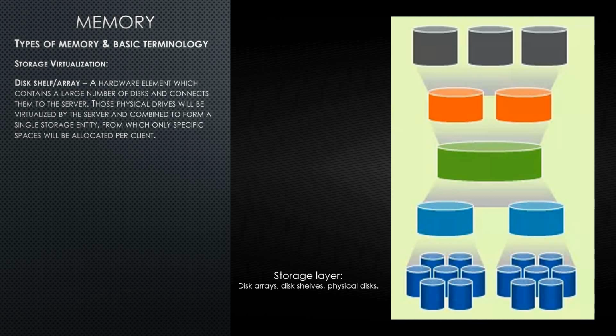So we have a disk shelf or an array, which is a hardware element which contains a large number of disks and connects them to the server. Those physical drives will be virtualized by the server and combined to form a single storage entity from which only specific spaces will be allocated per client. So in the storage layer, we have disk arrays, disk shelves, and physical disks.